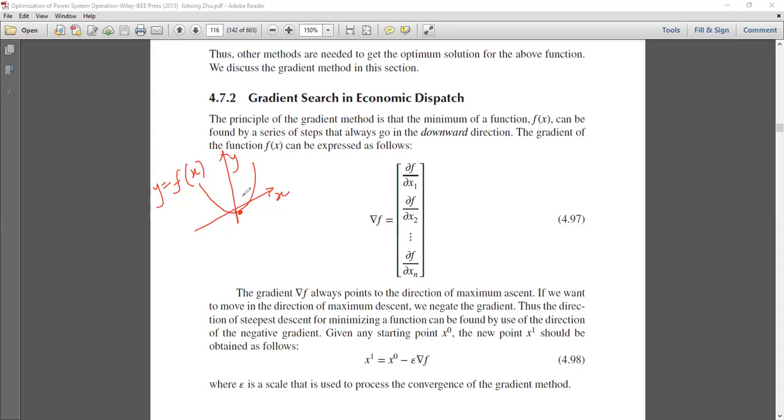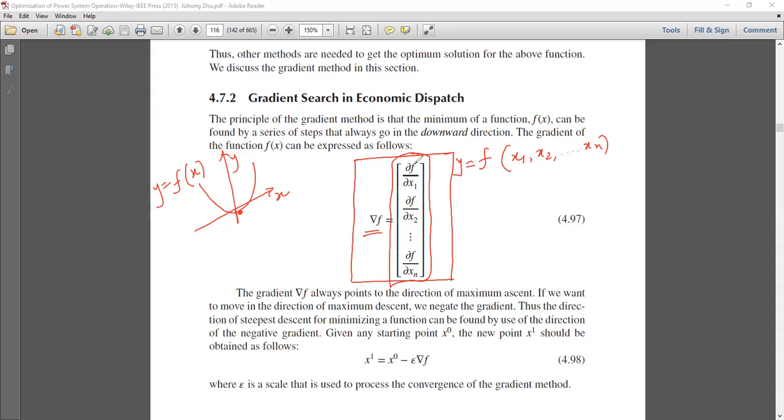Now, when we are talking about a multivariable function, as we started discussing, you have to take the partial derivative. So now we are in the partial derivative domain. Once your cost function f becomes a function of x1, x2, up to, let's say, xn, and you need to calculate the gradient, this would be the gradient.